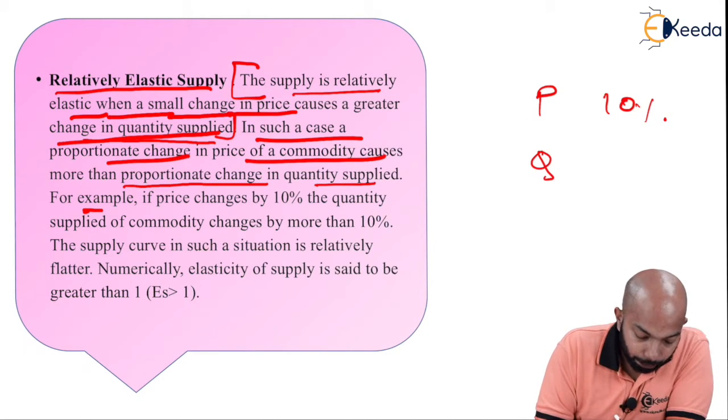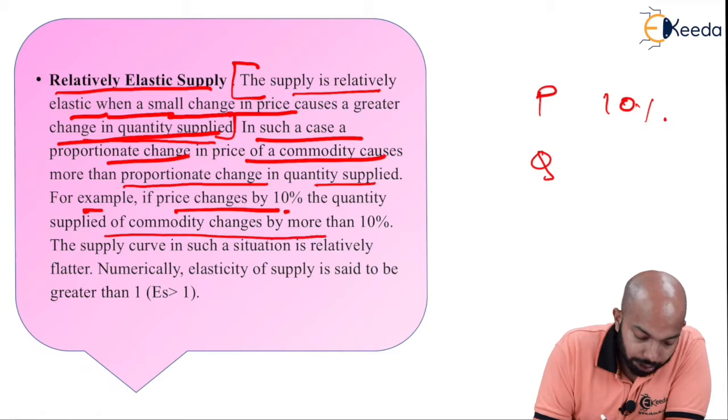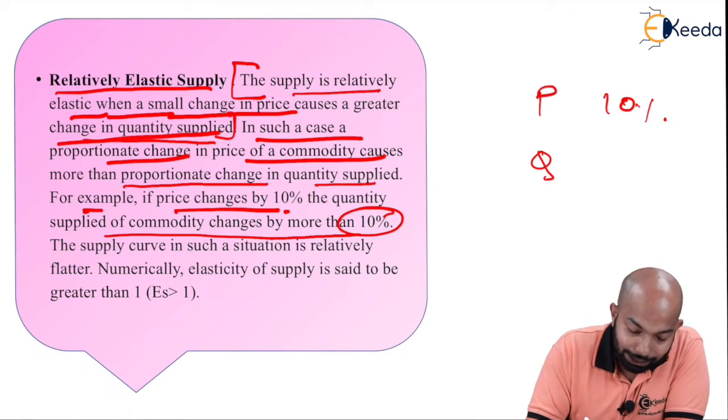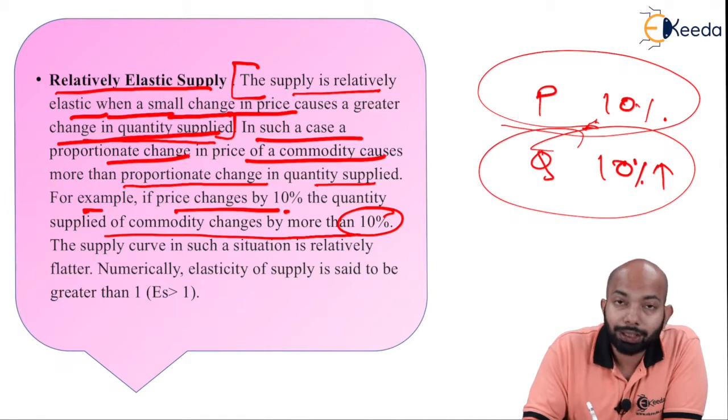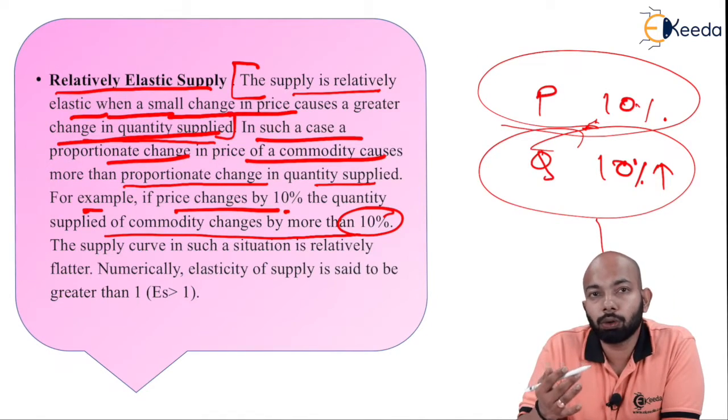So for example, if the price changes by 10%, the quantity supplied of the commodity changes by more than 10%. So if the price is decreasing by 10%, here the quantity supplied will change by more than 10%. Hence, a little above the proportion.